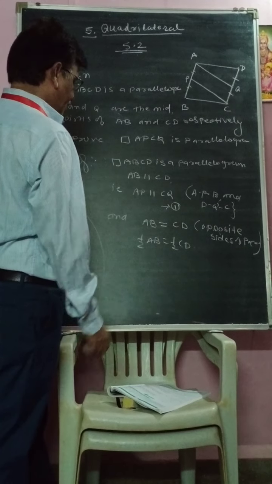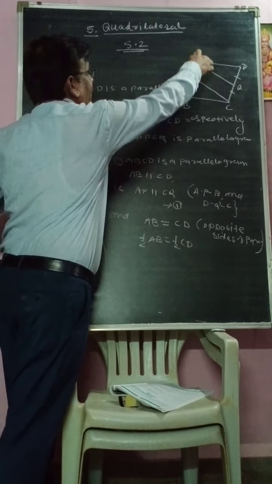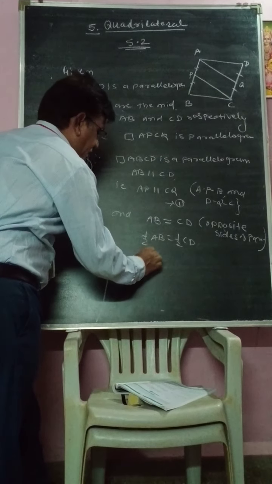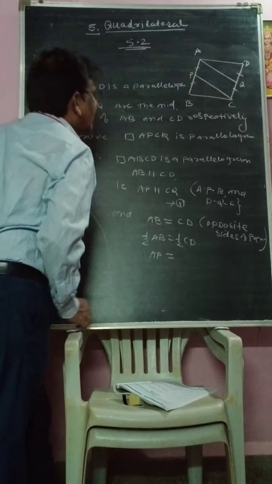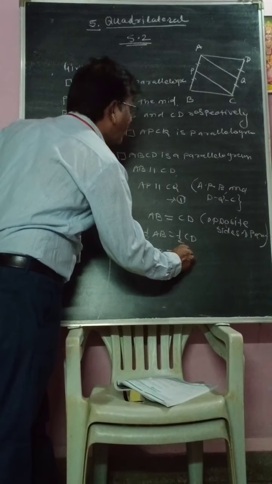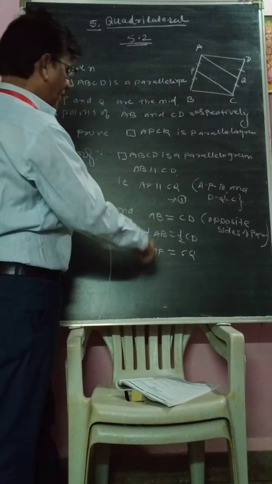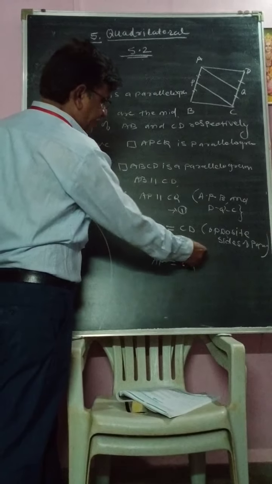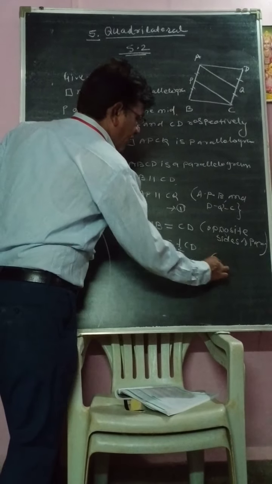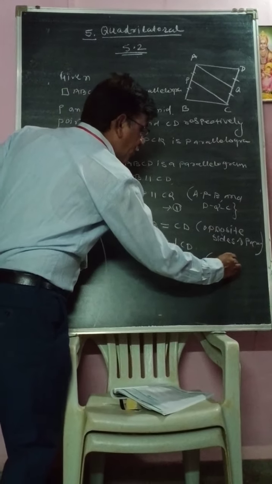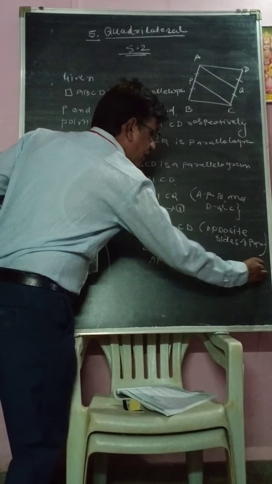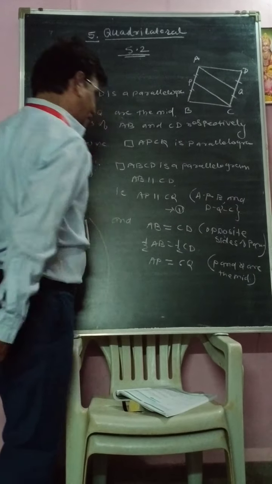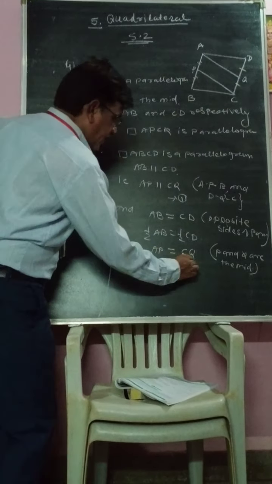Half of AB means AP, half of CD means CQ, because P and Q are the midpoints. It is given. Therefore, AP is congruent to CQ. This is equation number 2.